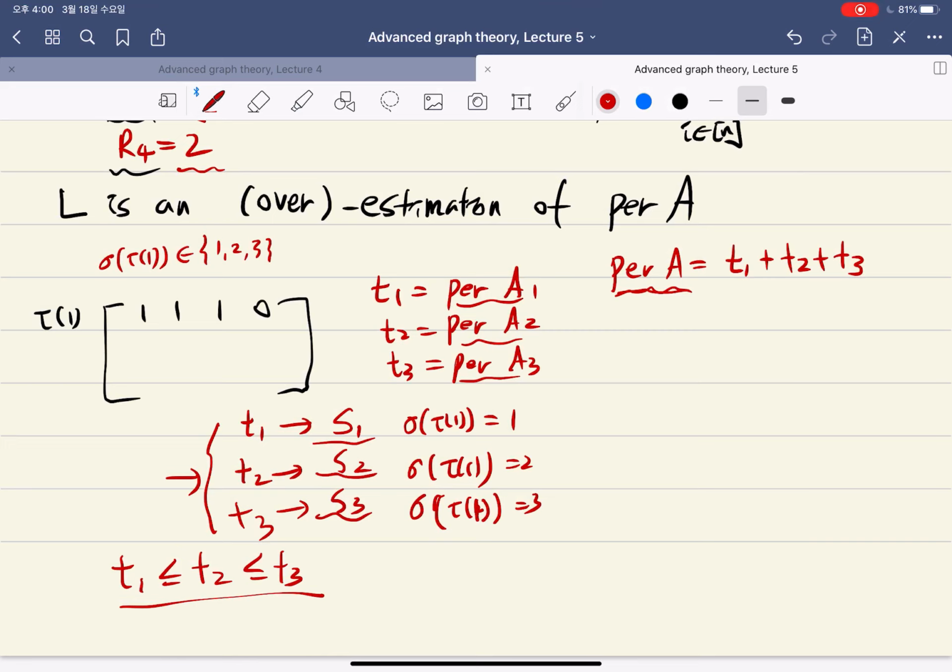So the probability that, as this sigma is randomly chosen out of this S, this is deleted is T1 over T1 plus T2 plus T3.